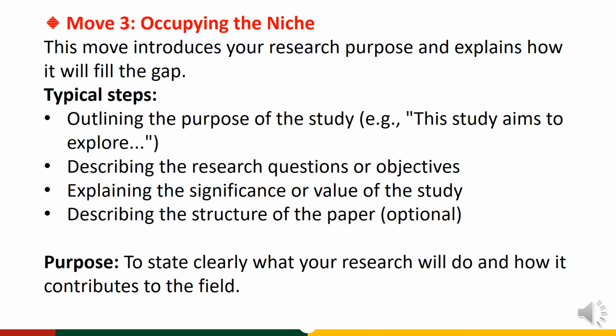Or you can also describe the research question or objectives. Or you can also explain the significance or value of the study or describe the structure of the paper. And the purpose of occupying the niche is to state clearly what your research will do and how it contributes to the field.